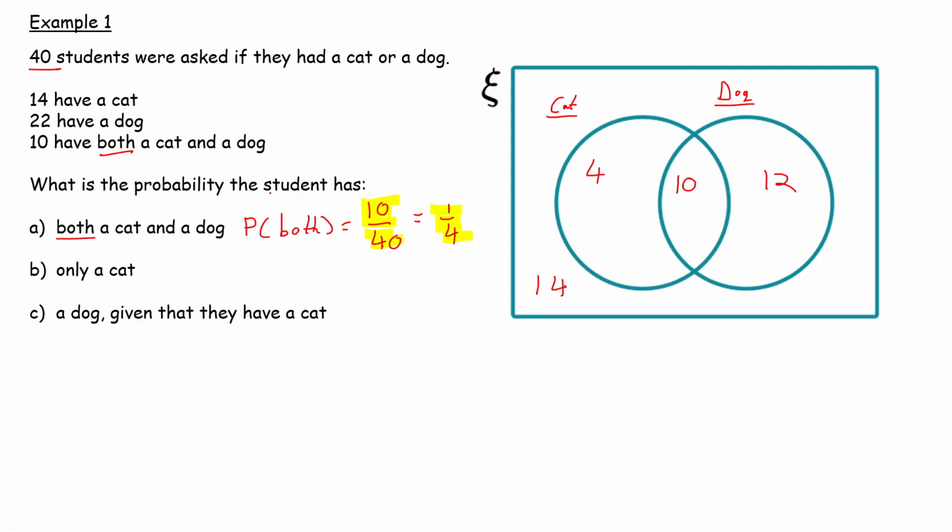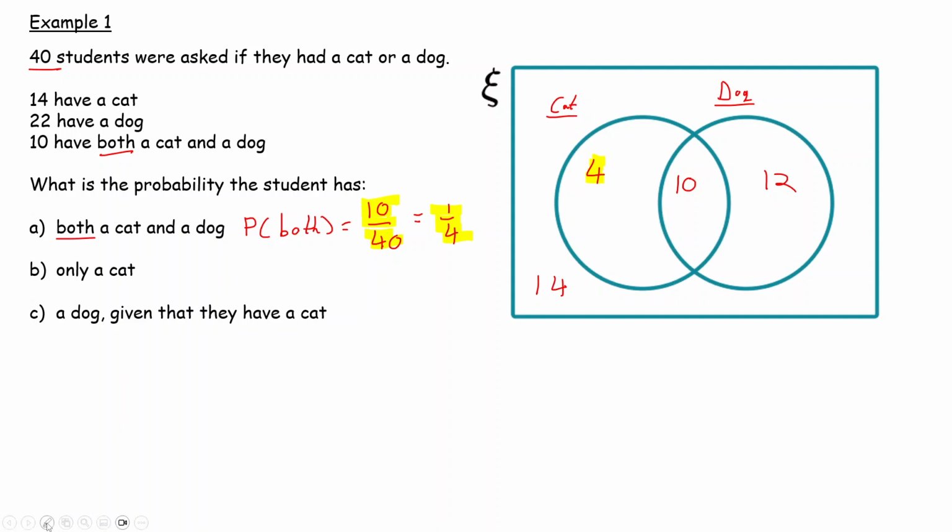What is the probability that the student has only a cat? So be really careful here. Because cat is the full circle, but you don't include the 10, because that could also be someone having a dog. That is cat and dog. So here we're just looking at this number, because only cat is just this part of our diagram, which is the 4.